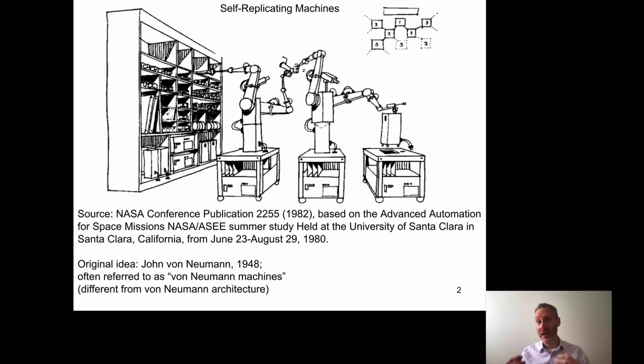He had this thought experiment of perhaps sending robots to the moon or Mars. Once the robots get there, they would start mining for materials, and whatever mined materials they found, they would stitch and weld those raw materials together into a copy of themselves, and you'd have a self-replicating robot swarm.